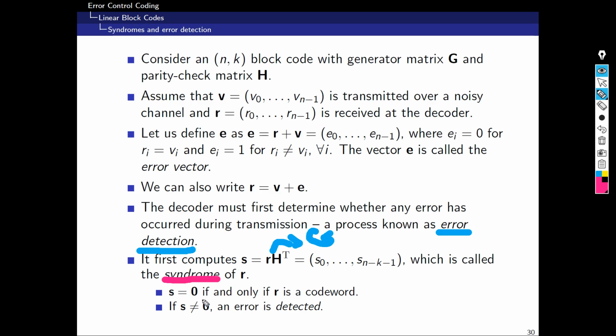S is equal to 0 if and only if R is a code word. If R is a code word, it belongs to one of the code words, then S is 0. If the syndrome is not equal to 0, an error is detected.